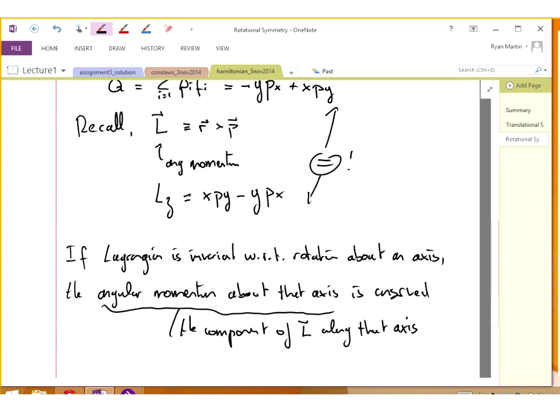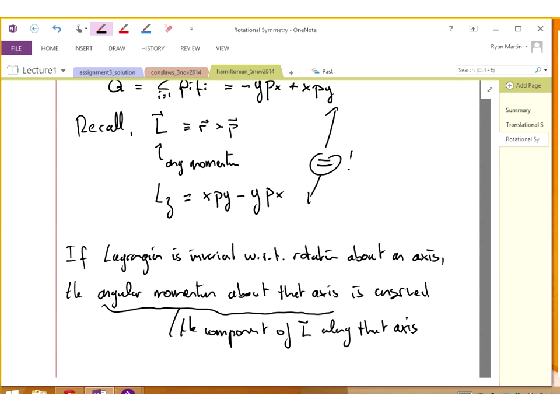So for example, think of a planet orbiting the sun that happens in a plane, right? So the Lagrangian is not going to be any different if you rotate your coordinate system in that plane, right? As long as you keep the z-axis, for example, pointing perpendicular to that plane, it doesn't matter which way x and y point, the Lagrangian is invariant.